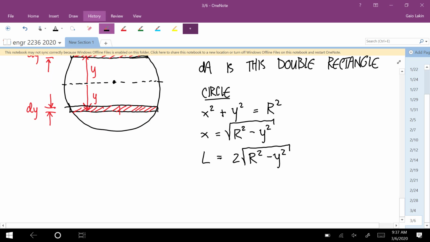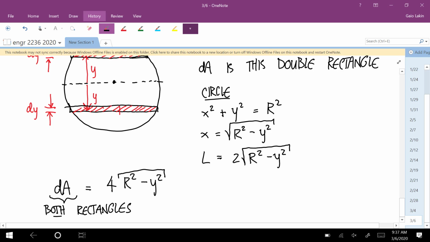And so our dA, remember that's for both rectangles, is 4 times this square root times dy.